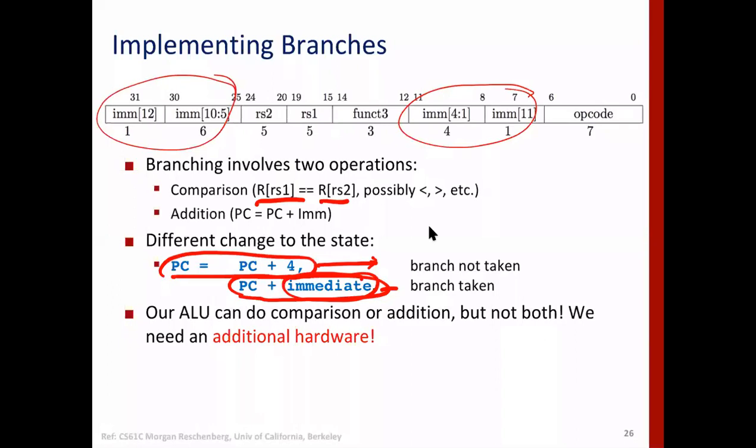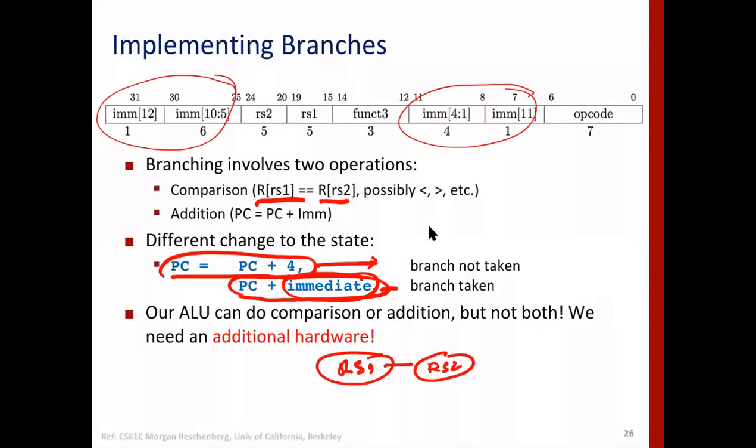Now note, there is something very important. Two ALU operations we'll have to do here. First, we are comparing RS1 and RS2. The contents of RS1, the first register, is compared with the second register, whatever is defined in the instruction.